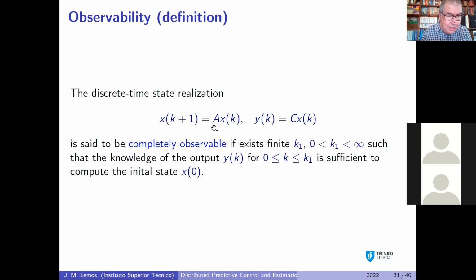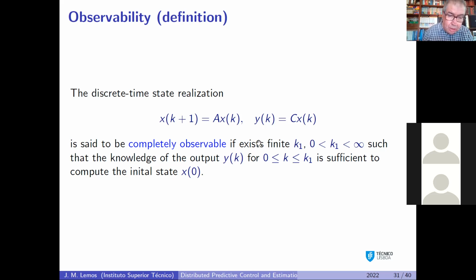I say that the pair A, C is completely observable, or simply observable, if there is a finite time k1 such that if you observe y between 0 and k1, you can infer the initial state.